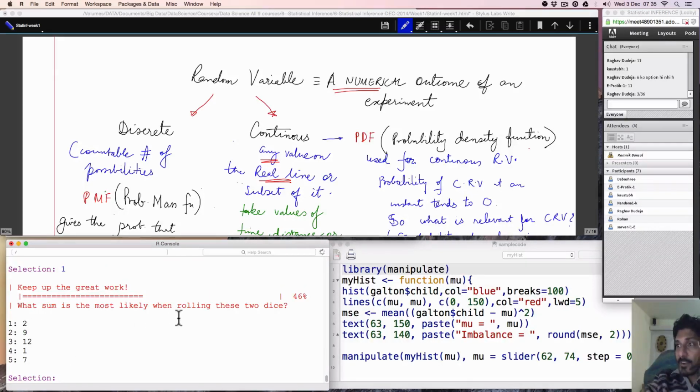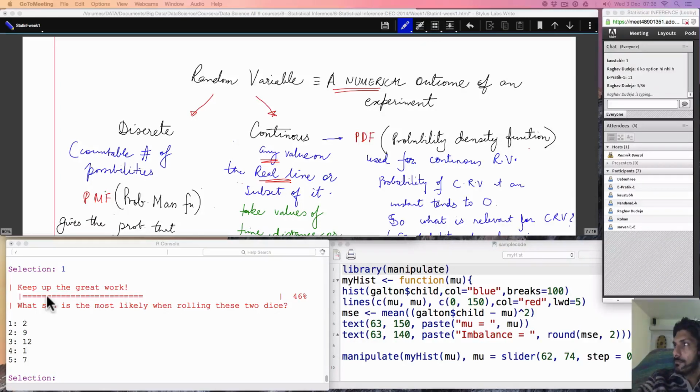What sum is the most likely when rolling these two dice? When two dice are rolled, what is the sum that is most likely? Whose combinations are highest?